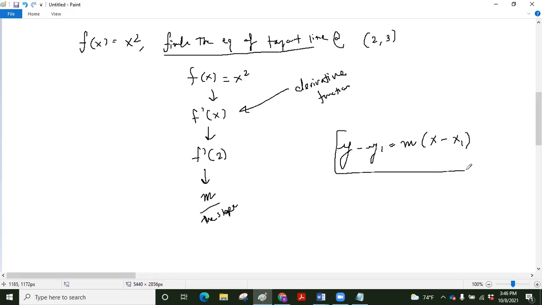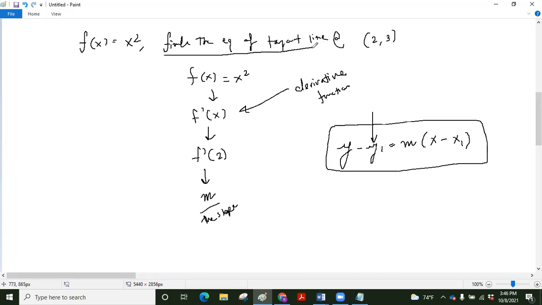We know y1 is just 3, and we know x1 is just 2. We want to know m, right? What is m? Well, that's what you get if you plug your x value into the derivative.